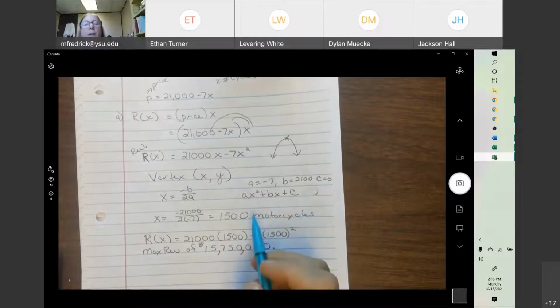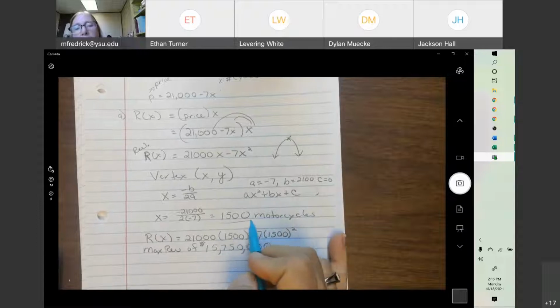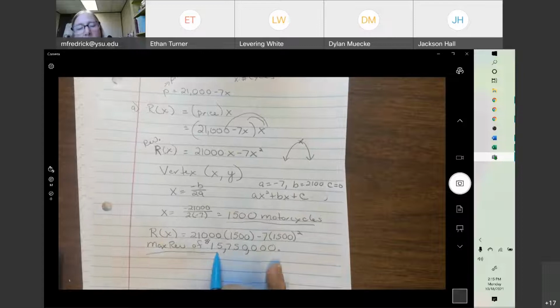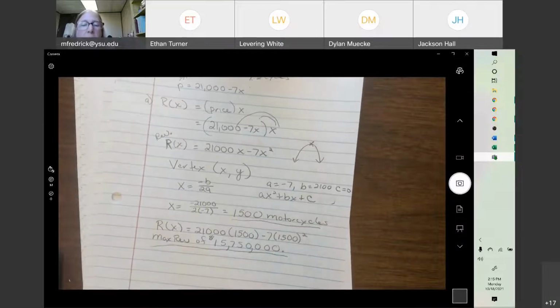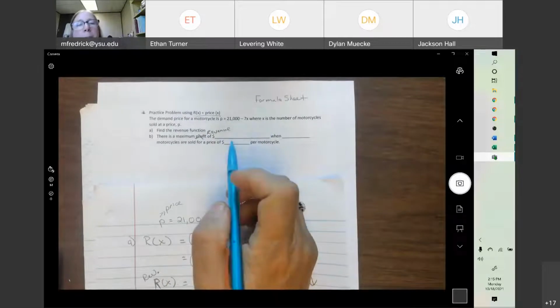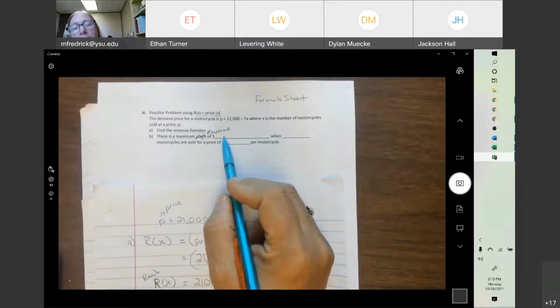So we're going to sell 1,500 motorcycles and we'll make a maximum revenue of $15,750,000. So our revenue is the 15 million.